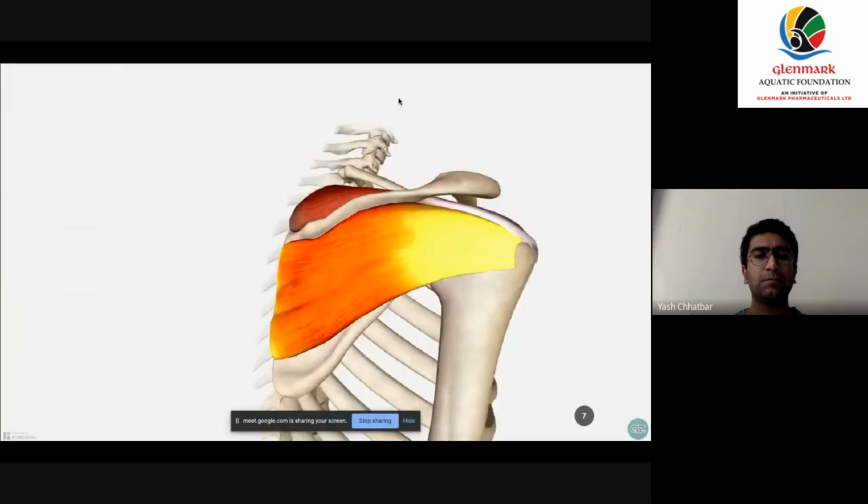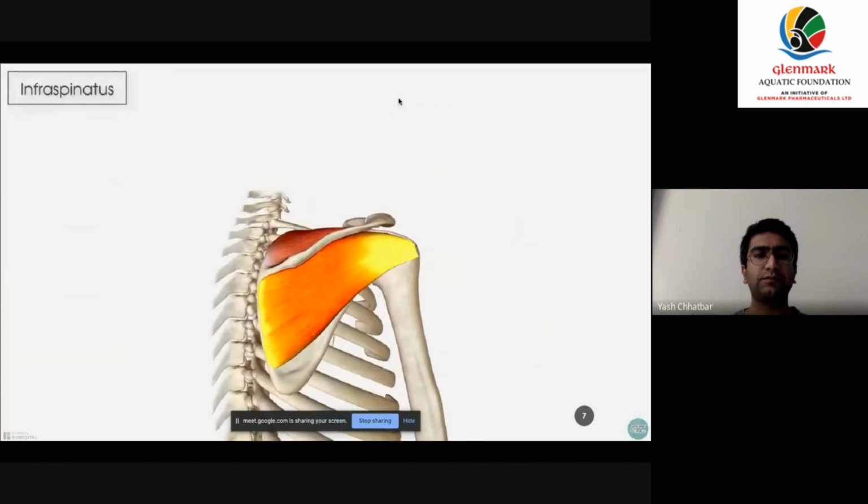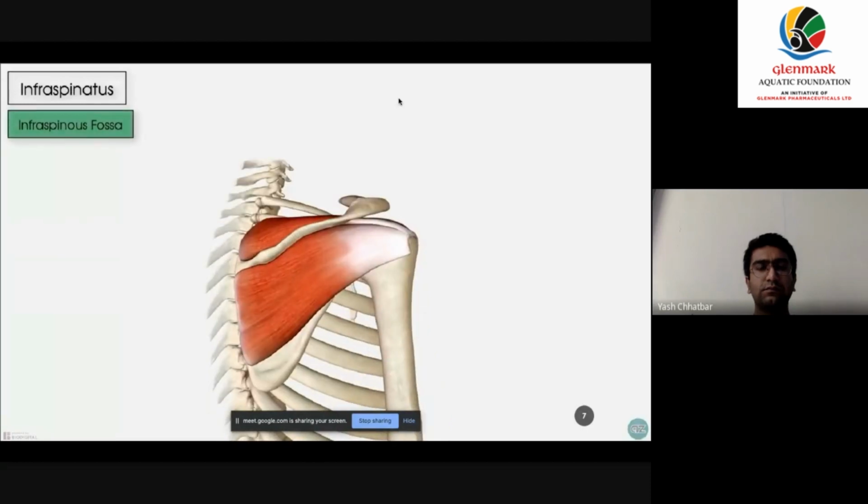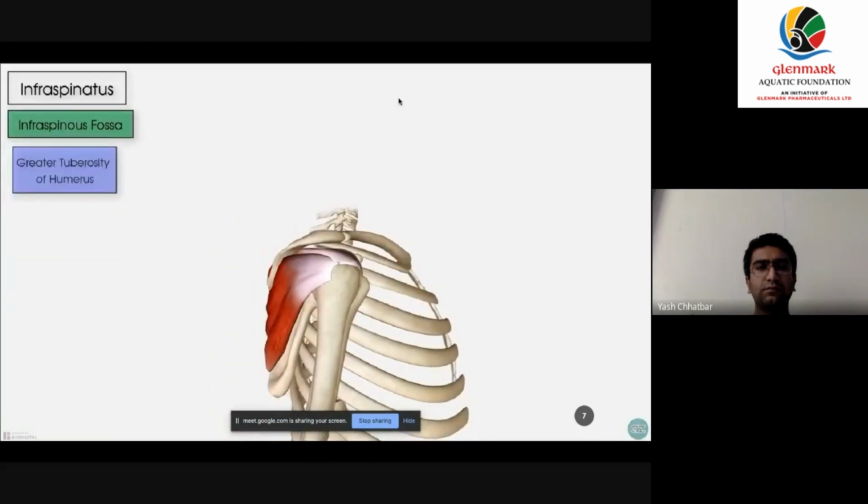The next muscle is the infraspinatus, so from its name we can tell that it's located below the spine of the scapula. And it sits within the infraspinous fossa. The infraspinatus muscle inserts onto the greater tuberosity of the humerus on its middle facet, just below the insertion of the supraspinatus muscle.